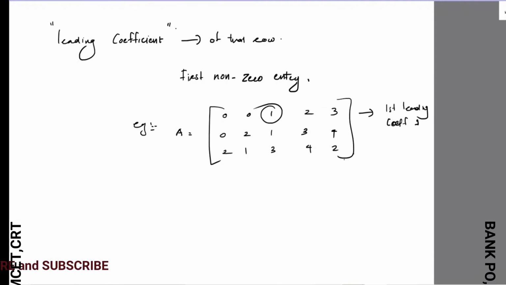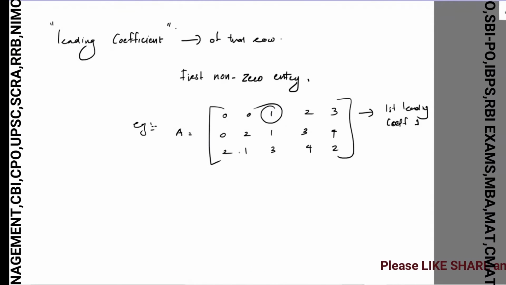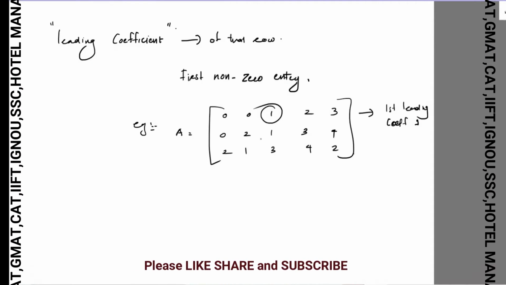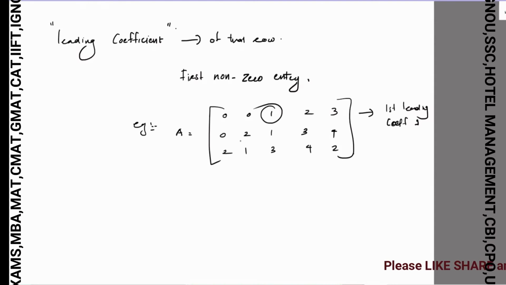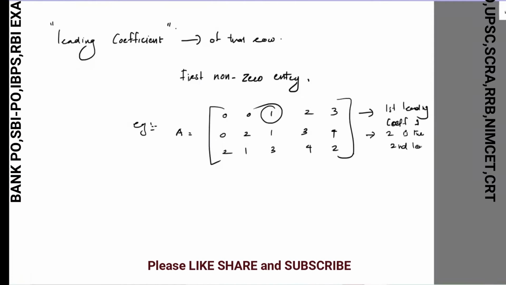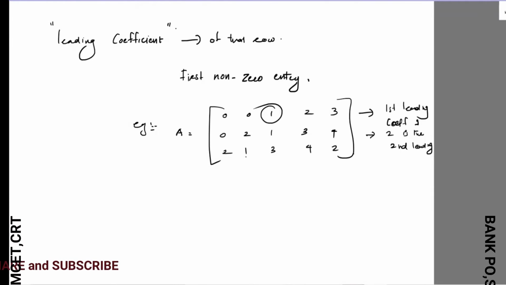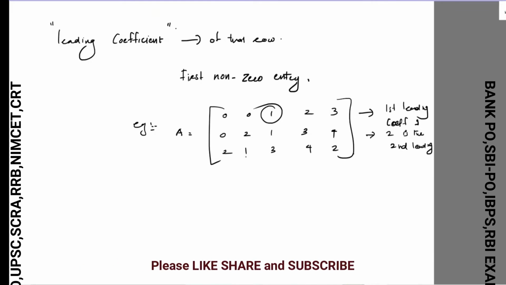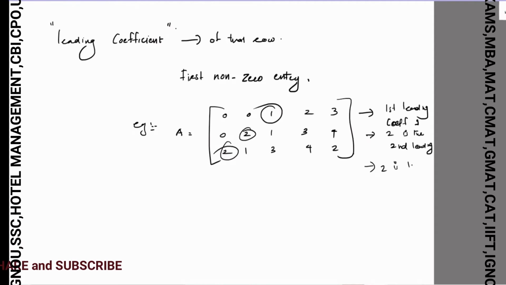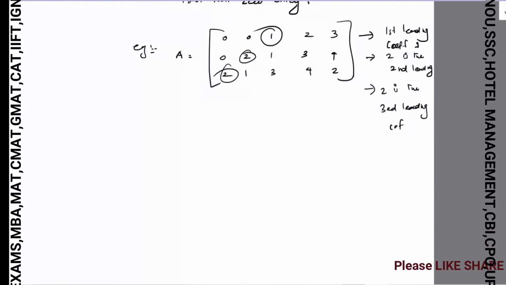And what will be the second leading coefficient? The second leading coefficient means the first non-zero entry in the second row. Which one is the first non-zero entry? 2 is the first non-zero entry. So 2 is the second leading coefficient. And from the third row, you can see the first non-zero entry is 2. So again 2 is the third leading coefficient.